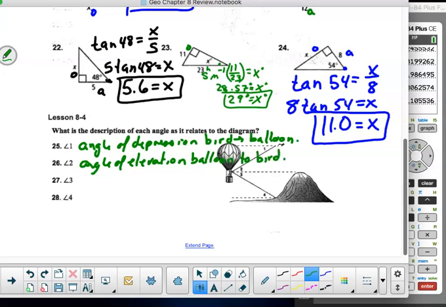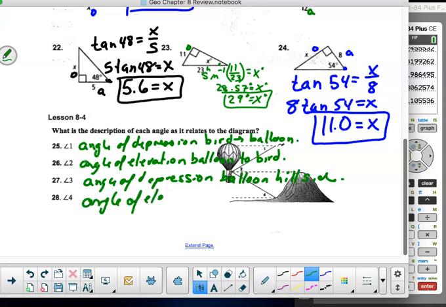Angle 3 is angle of depression. Balloon to hillside. And angle 4 is angle of elevation. Hillside to balloon.